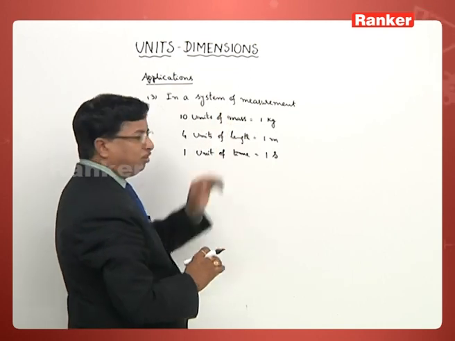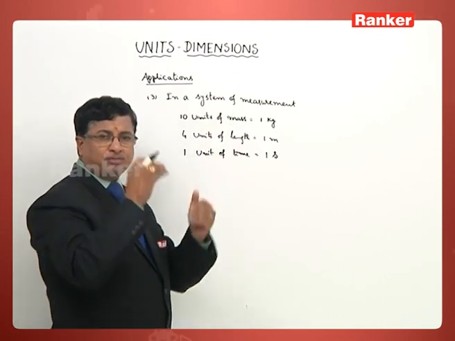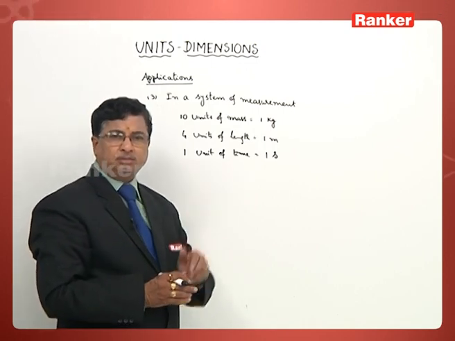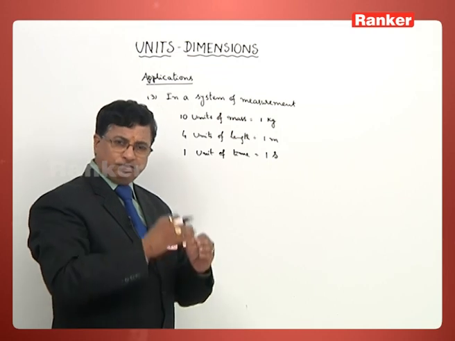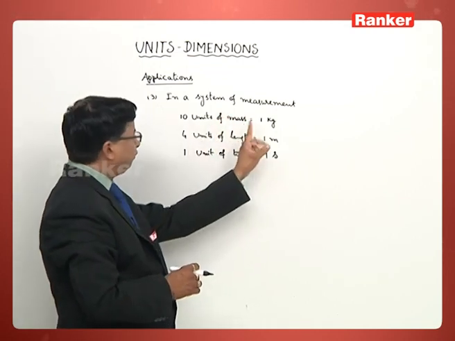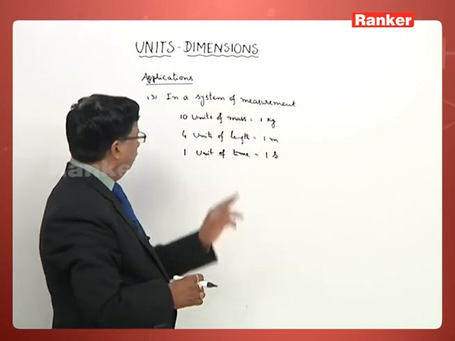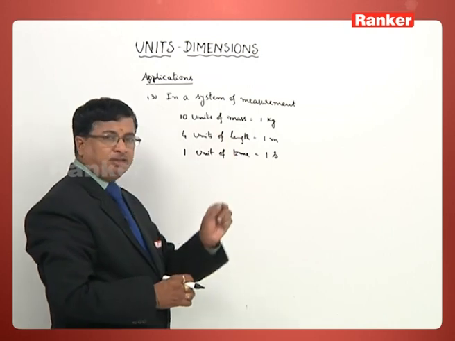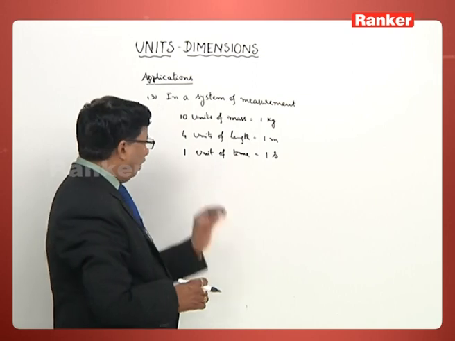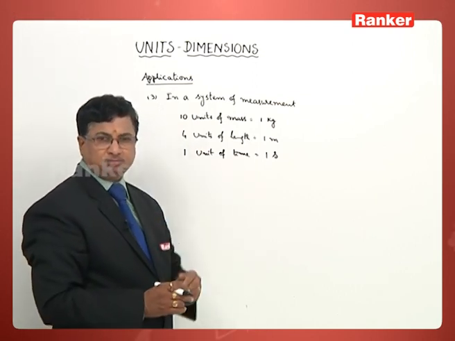There is a system of measurement, probably a sort of dream system. It is not going to exist in reality. So a system of measurement is given this way. 10 units of mass in that system is equal to 1 kilogram. 4 units of length in that particular system is equivalent to 1 meter. 1 unit of time is equivalent to 1 second.